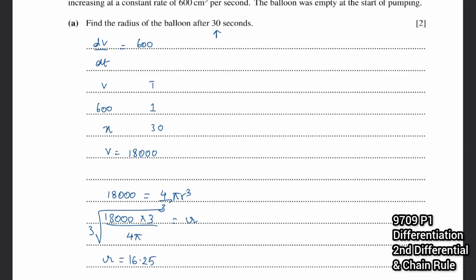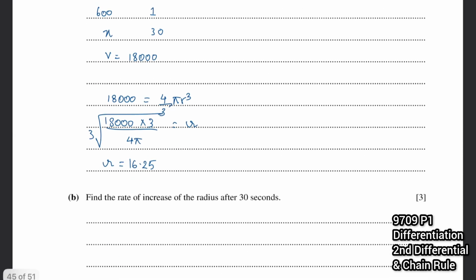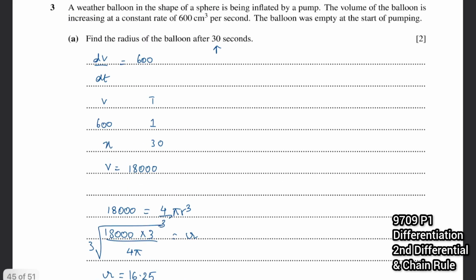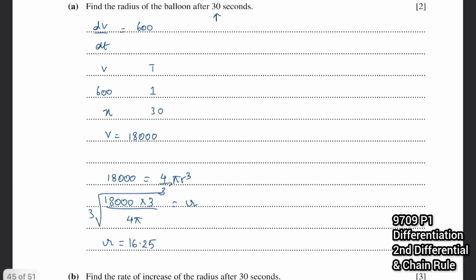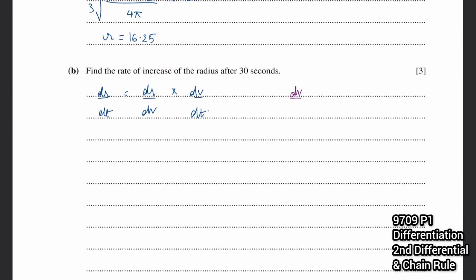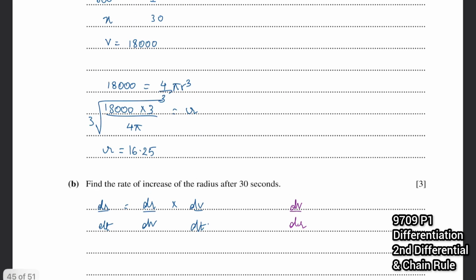Find the rate of increase of radius after 30 seconds. This is the radius after 30 seconds. So dr by dt is equal to dr by dv into dv by dt. dv by dt is given. Volume is changing at the rate of 600 centimeter cube in 1 second. First we find out dv by dr. V is 4 upon 3 pi r cube.